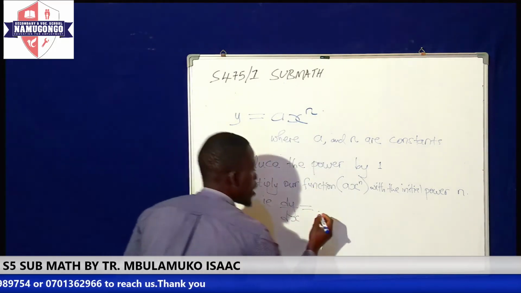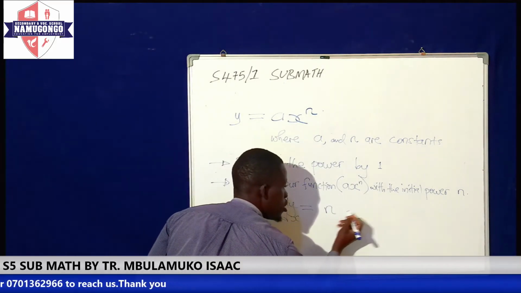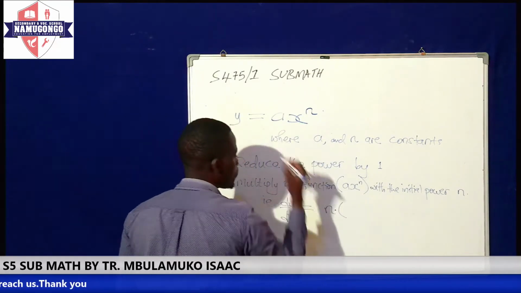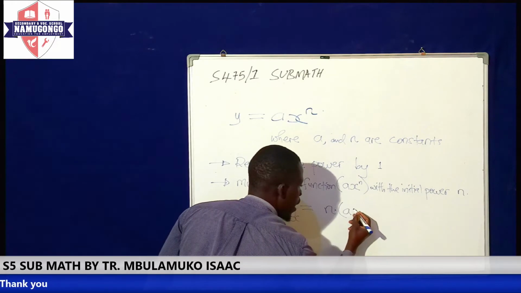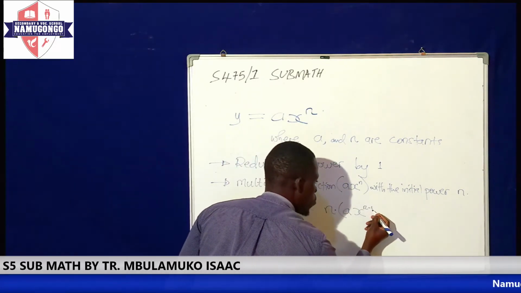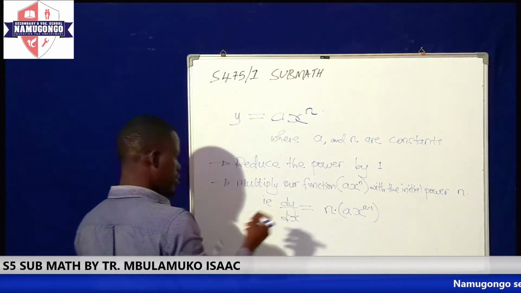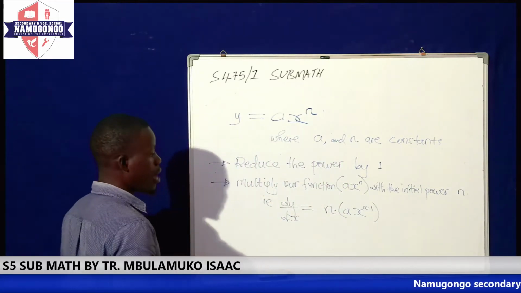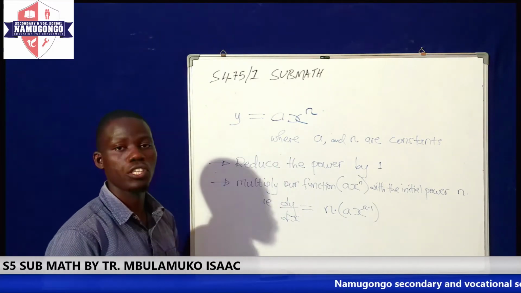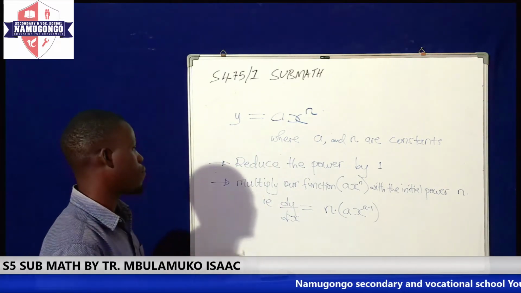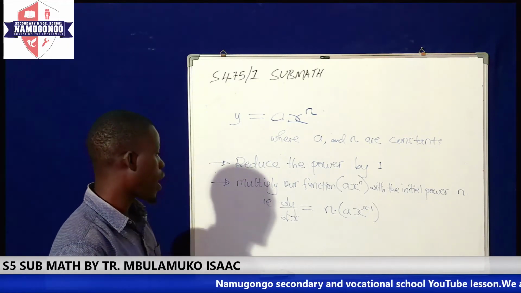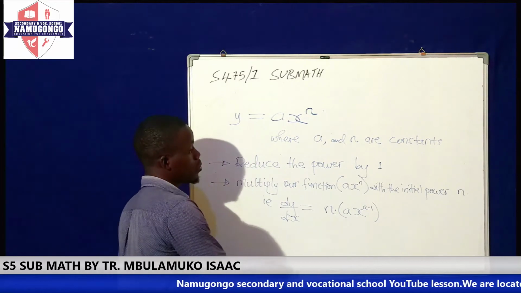So we get the initial power, which is n, times our function ax, and we reduce that power by 1. This is the general form of how we can differentiate a given function. Okay, now from here we can look at some examples.